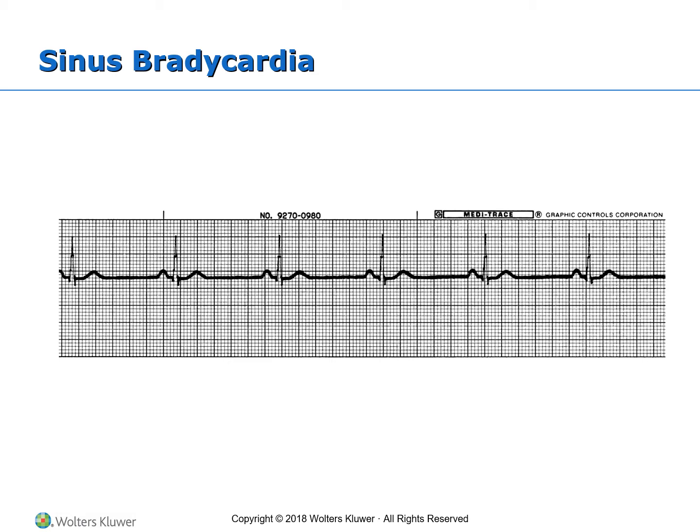You can give that every 3 to 5 minutes until the max dose of 3 milligrams is administered. If the patient is unresponsive to atropine, then they can be put on transcutaneous pacing until you can figure out what is causing it, and the initial cause can be fixed if possible.